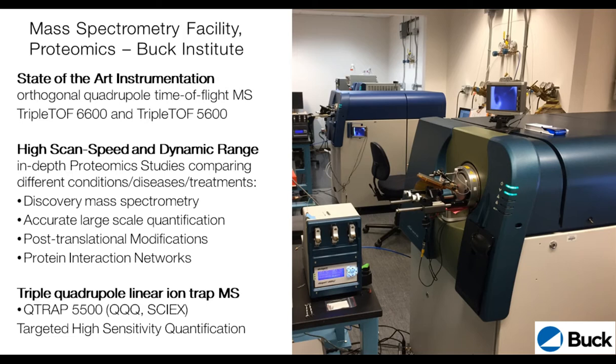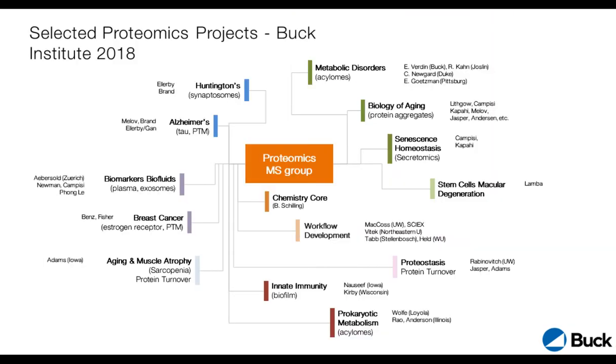And as you can imagine, when you have a core, you may have a lot of very different projects. Here is a short overview of some of the projects. Some look at breast cancer, others look at biology concepts of aging, other projects look at bacteria or biomarkers or Alzheimer's or Huntington's.